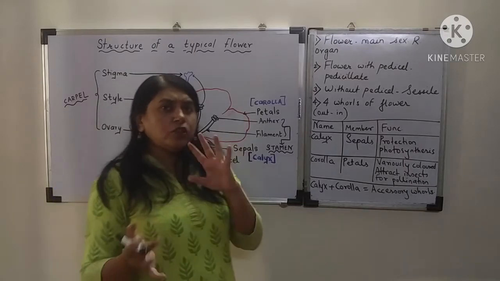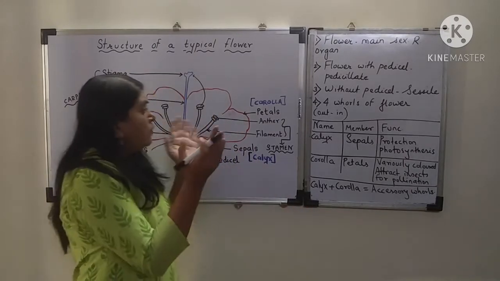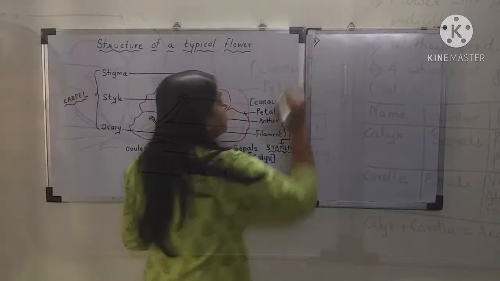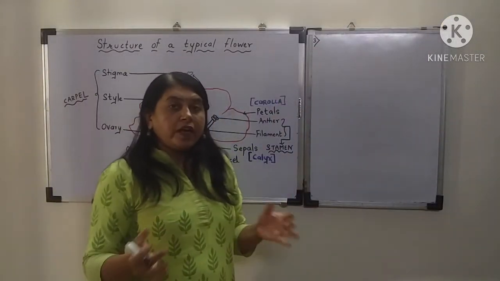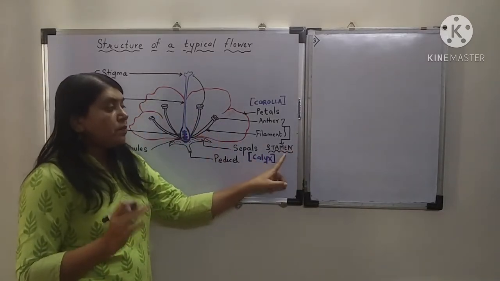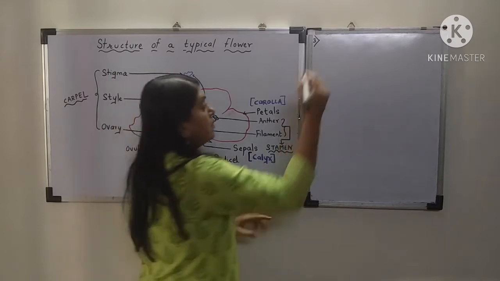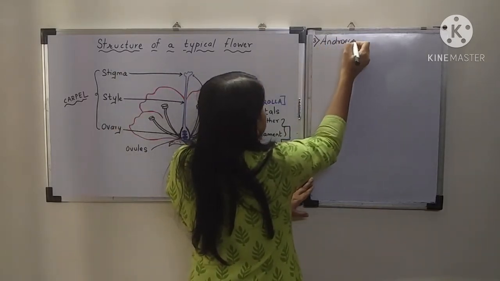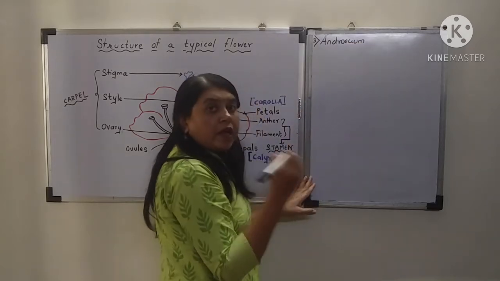Now let us see the two essential whorls of the flower, which are compactly arranged on the inner side of the flower. The third whorl of the flower, inside the corolla, is called androecium. The individual member is the stamen.